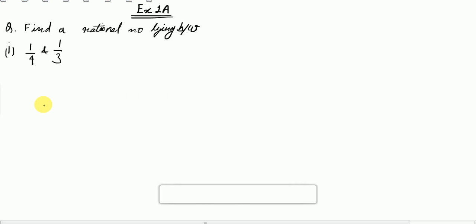Today we solve the exercise 1A of the real numbers chapter.